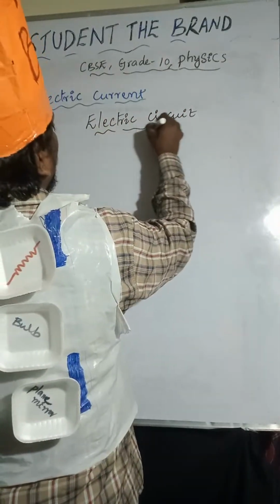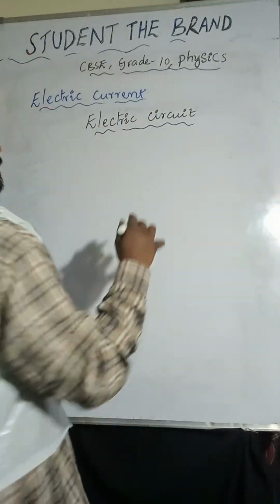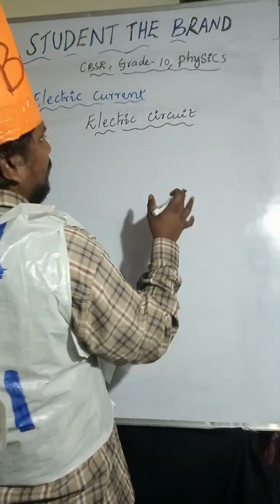A continuous and closed path of an electric current is known as an electric circuit. So here, just now I explained, right?